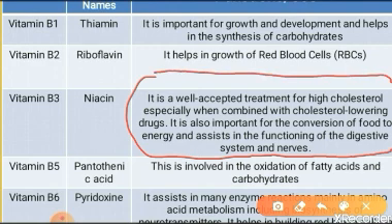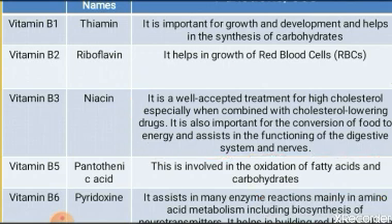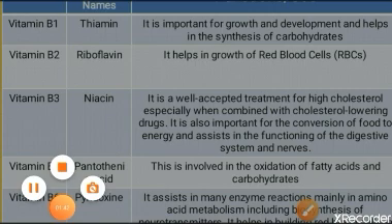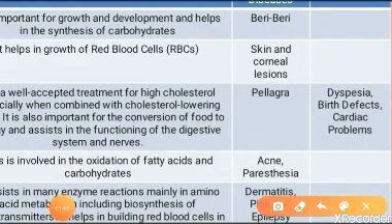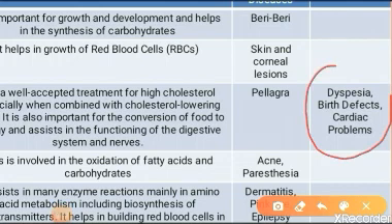It is also important for conversion of food to energy and assists in the functioning of the digestive system and nerves. The deficiency of this vitamin causes pellagra. Excessive use of this vitamin causes dyspepsia, birth defects, and cardiac problems.